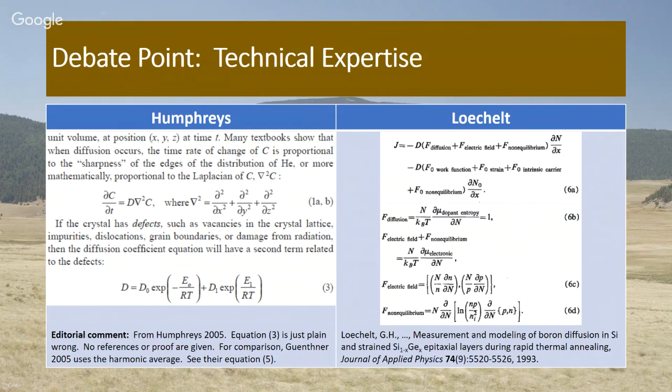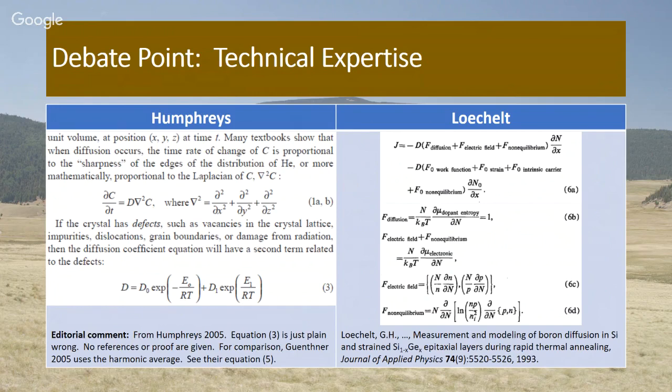This was measuring and modeling of boron diffusion in silicon and strained silicon germanium epitaxial layers during rapid thermal annealing. And that was in the Journal of Applied Physics back in 1993. My main point, I'm not going to talk about the equations, but it's just to say I am comfortable working with solid state diffusion. I've published in that field. It's something fairly well known.